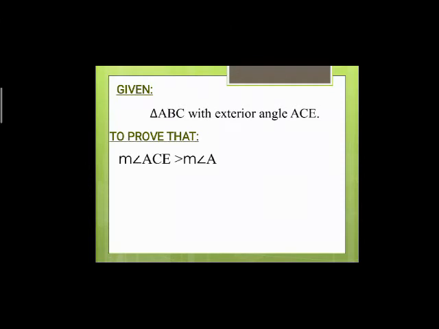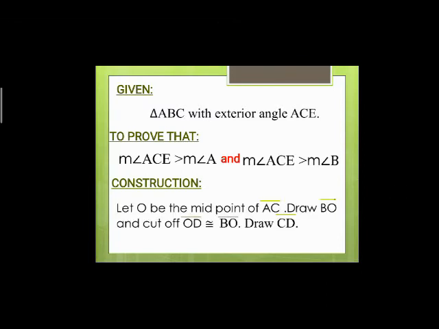So what is already given in our statement? Triangle ABC with exterior angle ACE, that's the given. And what we have to prove is that the measure of angle ACE is greater than angle A, and that the measure of angle ACE is also greater than the measure of angle B. Now what's the construction that we do for the proof?